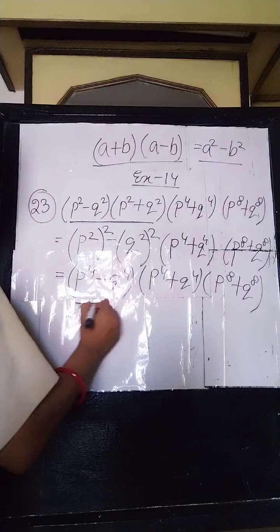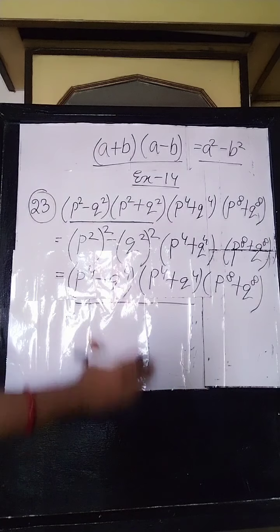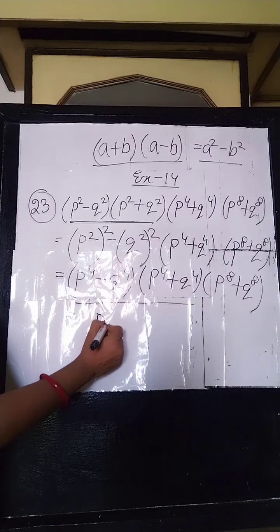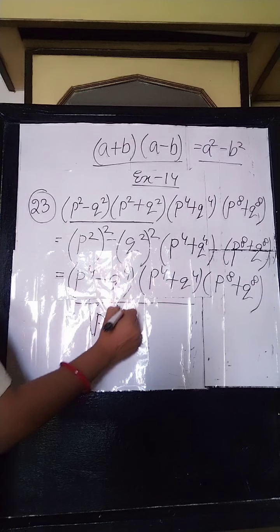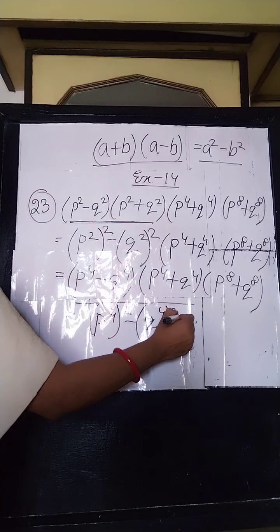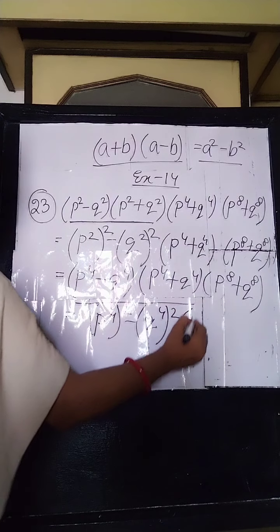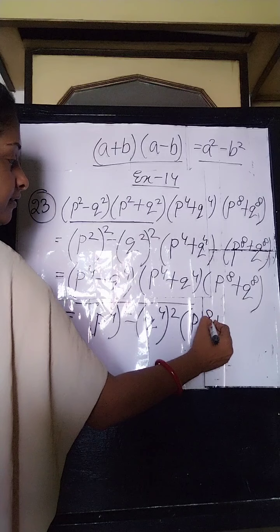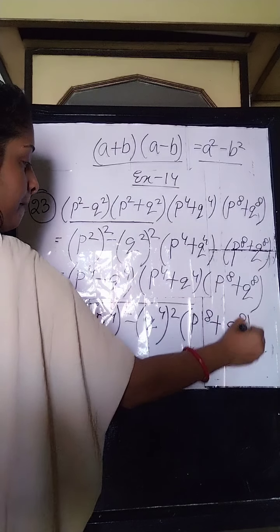So again we will apply the formula in the first two terms. In the first two brackets we will apply the formula (a plus b) into (a minus b). Now it will become (p to the power 4) whole square minus (q to the power 4) whole square, and the remaining portion we will write as it is, as we have done in the previous sums.